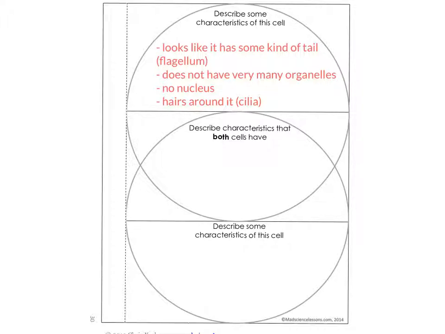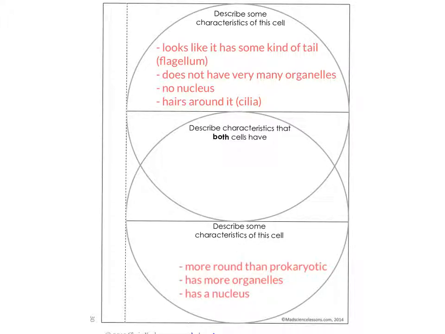They have no nucleus, which is one of the defining features of being prokaryotic. There is no nucleus. And you'll notice in the illustration those are called cilia, used primarily for the same function of mobility, being able to let the cell move around.